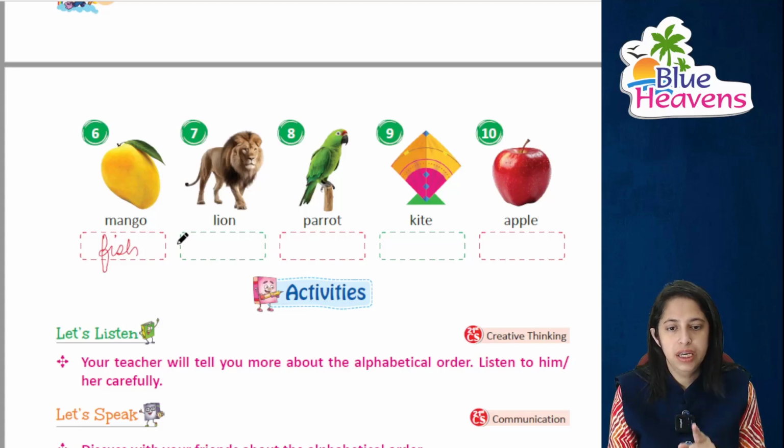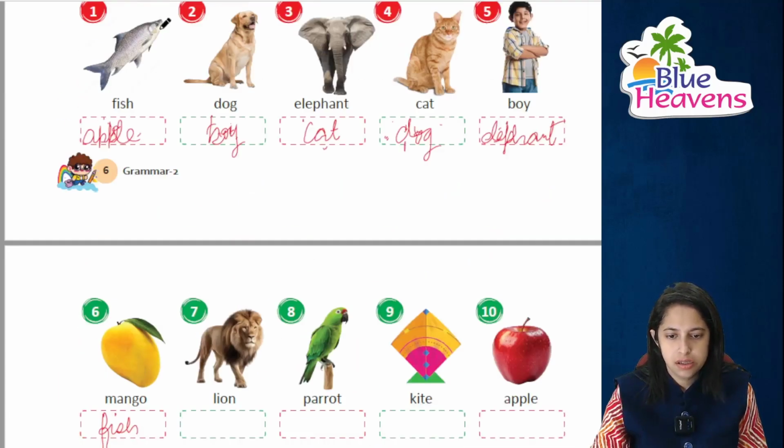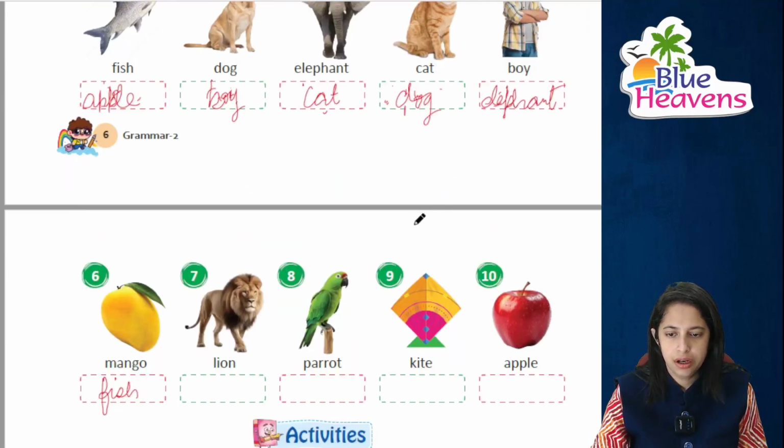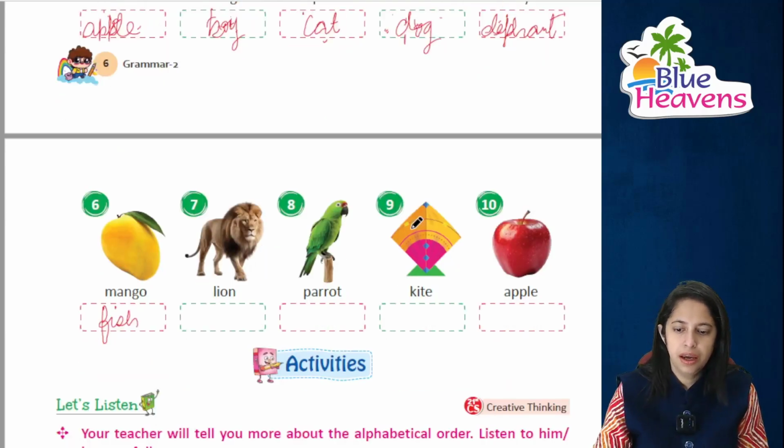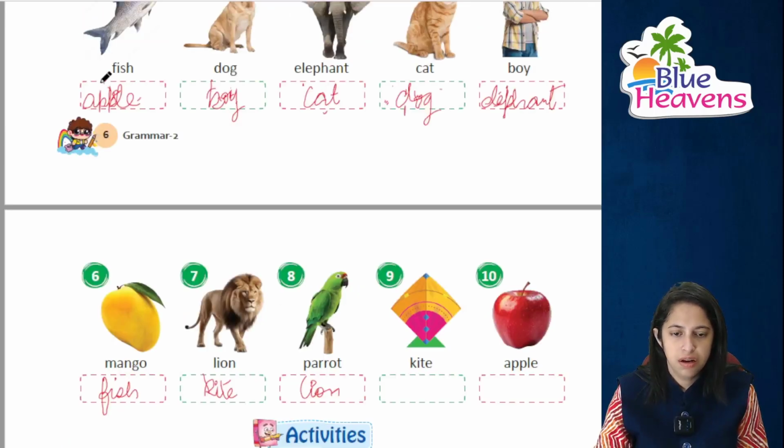ABCDEF, G वाला कुछ है? Then H नहीं है. I, J, look at this. Then K, then L, M नहीं है. This is 10, right?